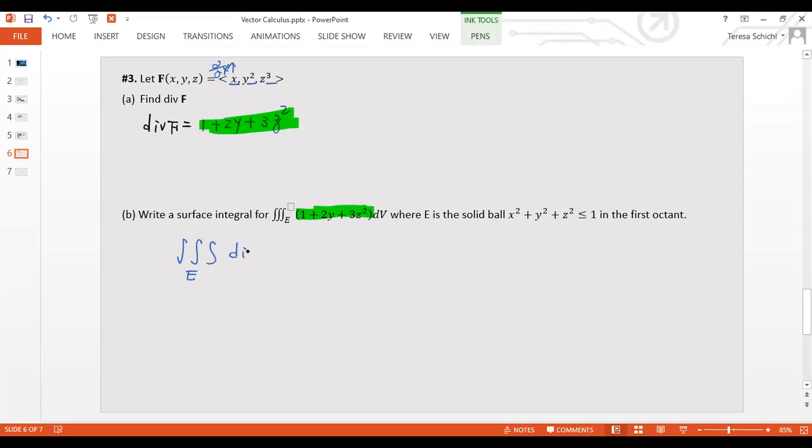So this will be equal to my surface integral of F dot dS here. So basically, you have a ball here. I don't know if I can draw that well or not.